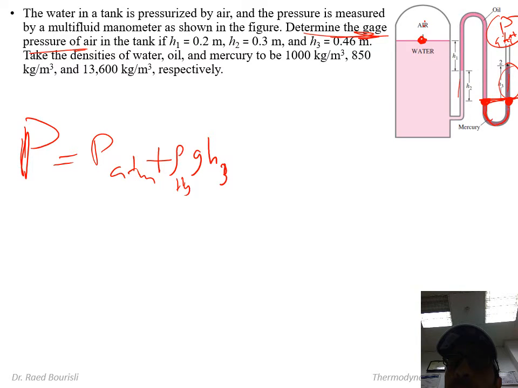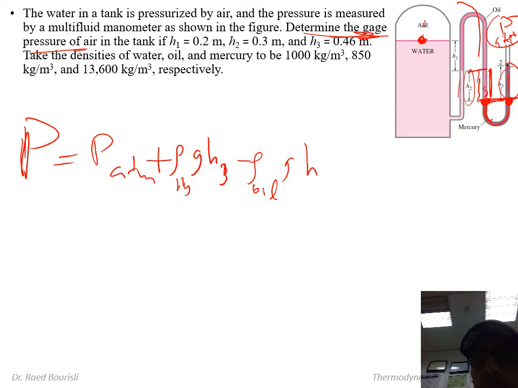But then as you go up in the pipe, you leave some material below you, until you reach this point. The height of this column that you left behind you is no longer on your head. So this is rho oil g h2, and this is a minus sign to relieve you of this weight.